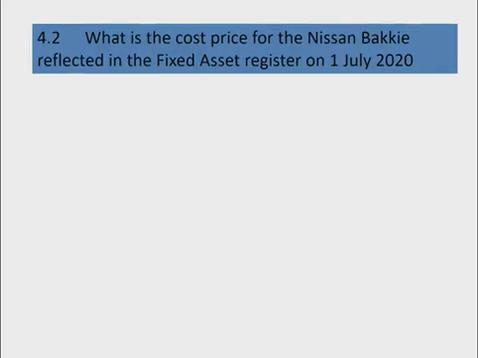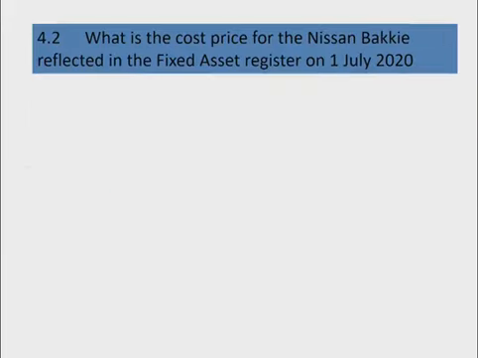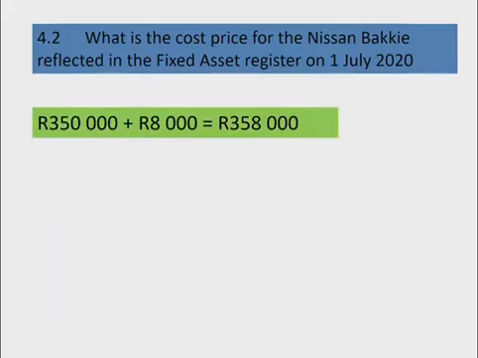Okay, so then we get to the last question. Now they're asking, what is the cost price of the Nissan Bakkie reflected in the fixed asset register? So remember, if we go back quickly, we said the cost price was 350,000, but the installation cost for the alarm system will increase the cost price of the vehicle. So ultimately, when you answer that question, it should be 350,000 plus the installation cost of the gear lock or an alarm or a tracking system.